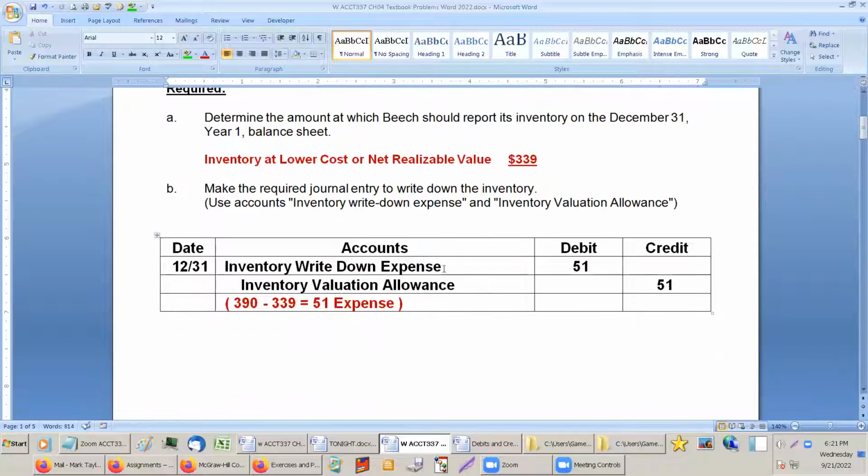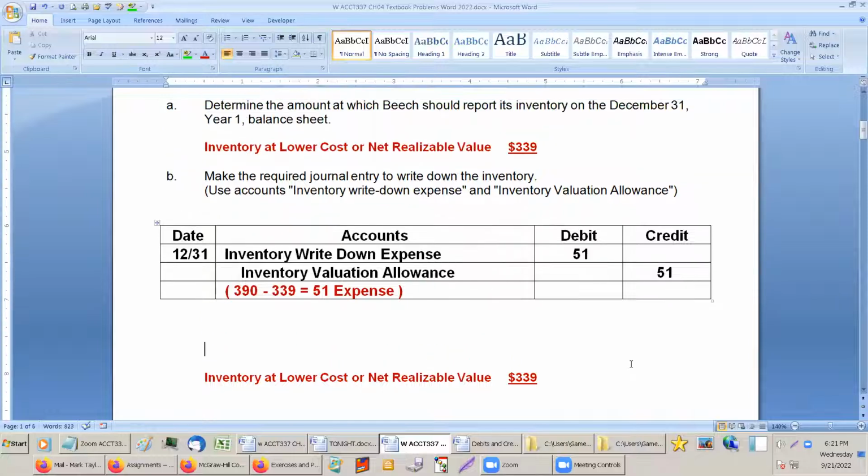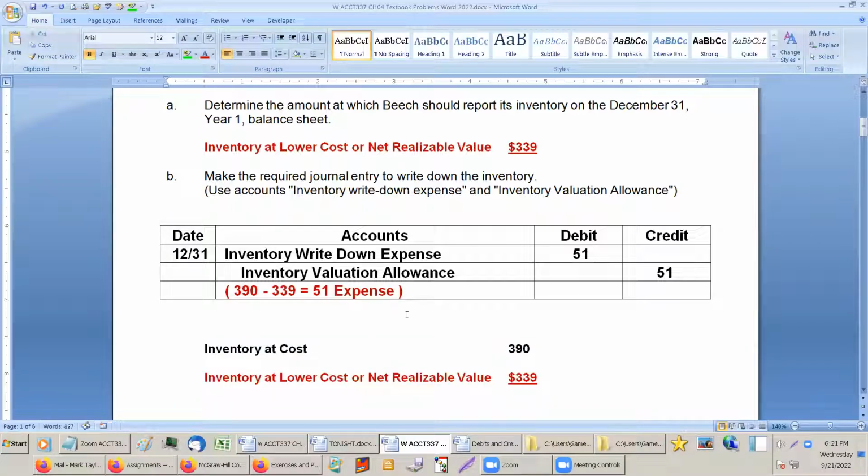So just to show you how this would be shown on the balance sheet, it might be shown a few different ways. But basically on the balance sheet, it would look like this if they included all of this. The inventory cost 390, they would have the inventory valuation allowance.